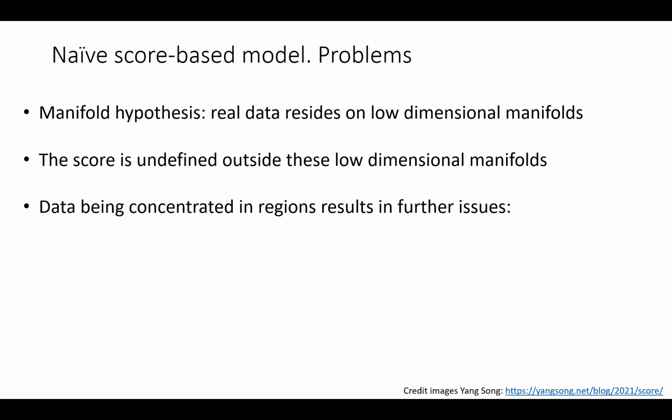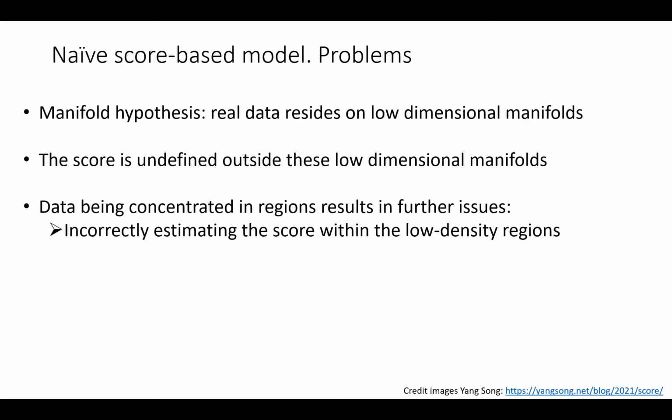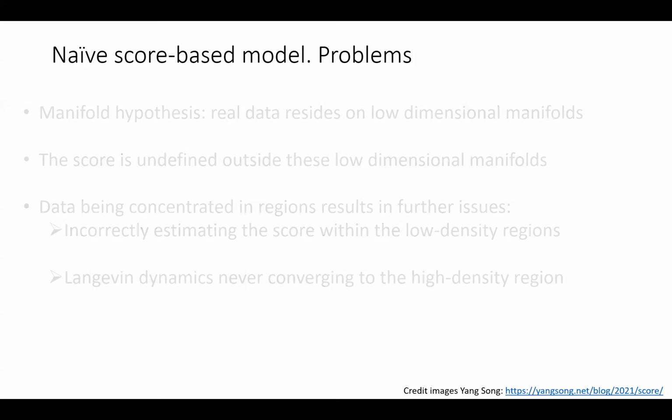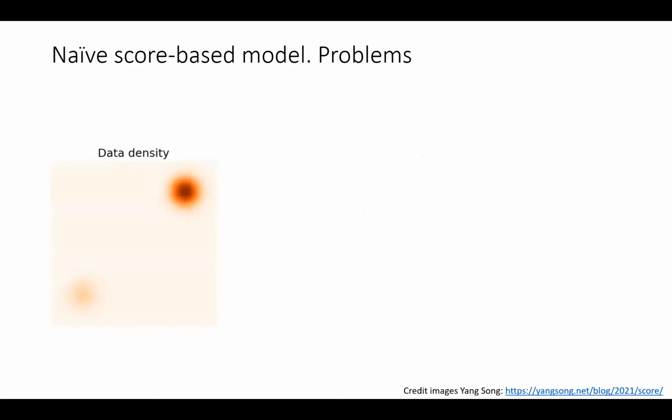Data is concentrated in certain regions, it's not actually throughout the space. So we will end up estimating this score function incorrectly in the low density regions. Therefore, this Langevin dynamics may not converge, and will only converge to high density regions, and we need to fix that.